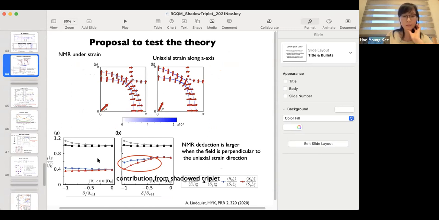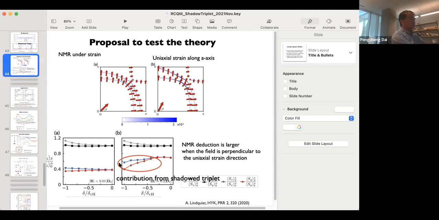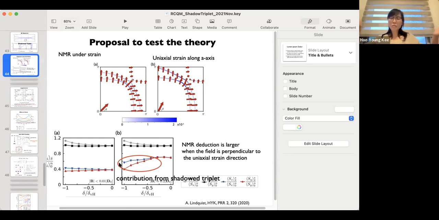Of course, it's a pseudo spin singlet, but you can see this is not a function of temperature. We are always at zero temperature, and we are looking at it as a function of how far from the Van Hove singularity. So you put on uniaxial strain to see the Knight shift drop, and these are normalized by the normal state, and you see a strong drop here. That makes sense because it's a pseudo spin singlet where the orbital as well as spins are blocked by the pairing.